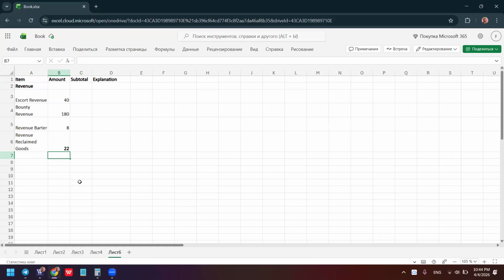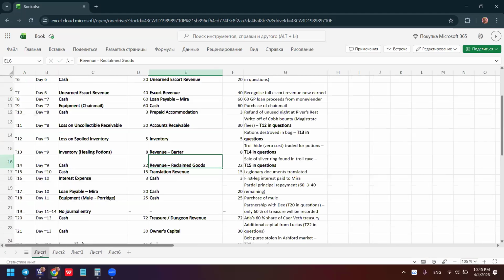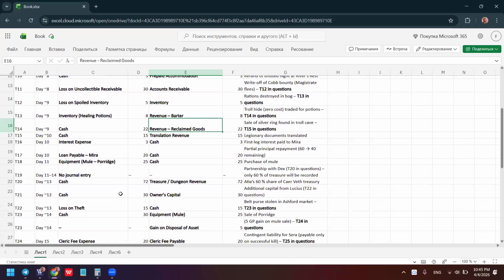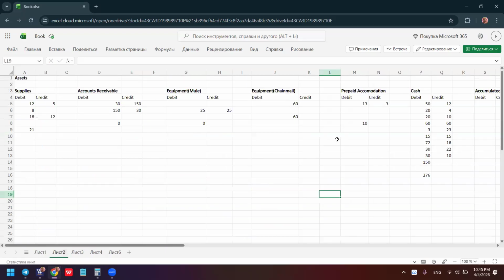And then she worked as a translator. She translated some stuff and she got 15 gold pieces for it. It was in cash, if I'm not mistaken. It doesn't matter. She got this money for translating documents. So it is in assets, somewhere here. So it must be in debit.